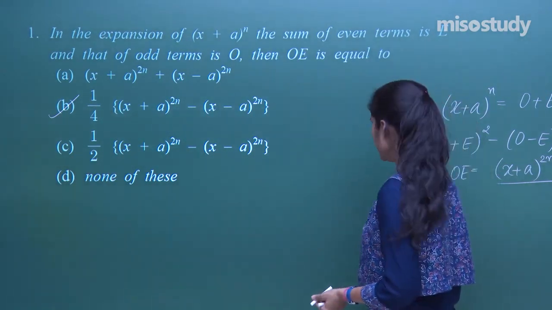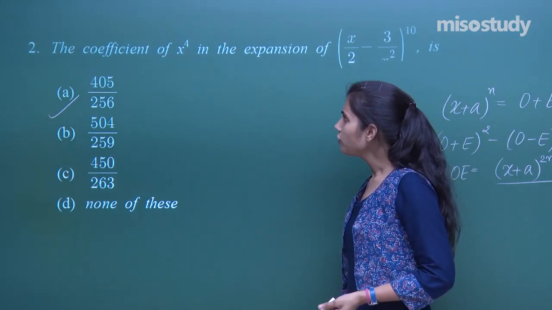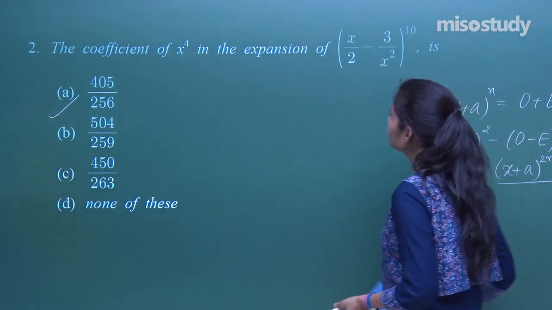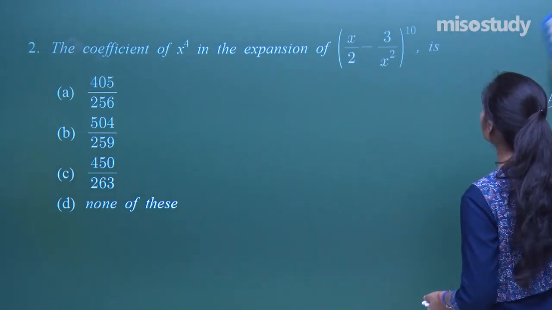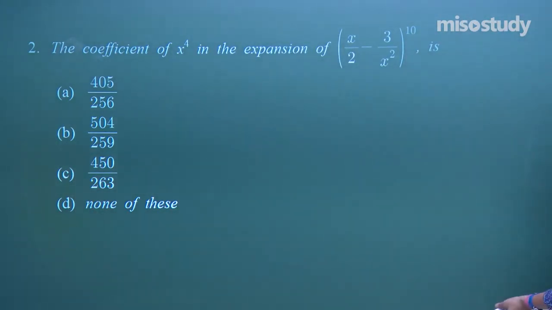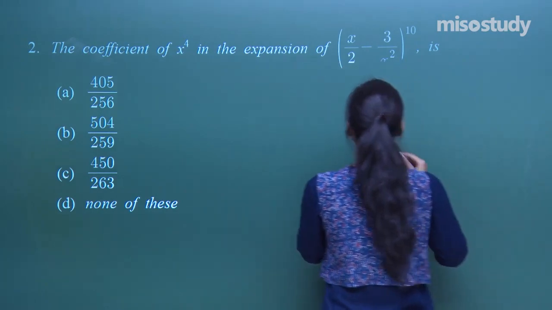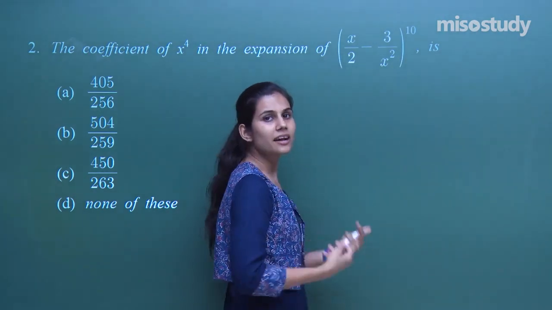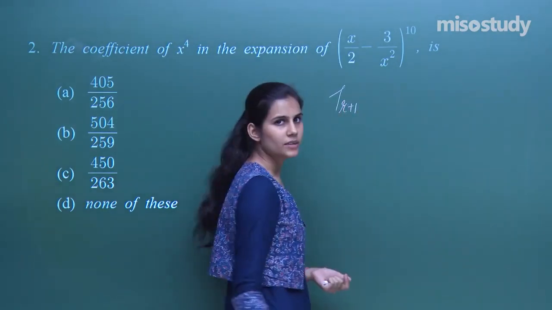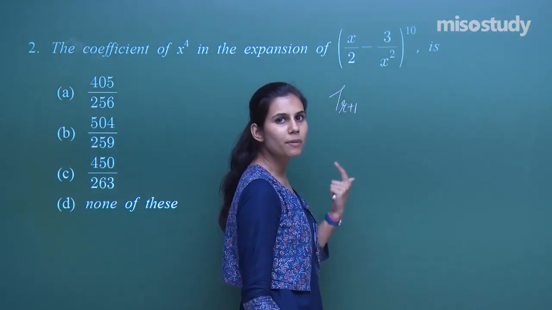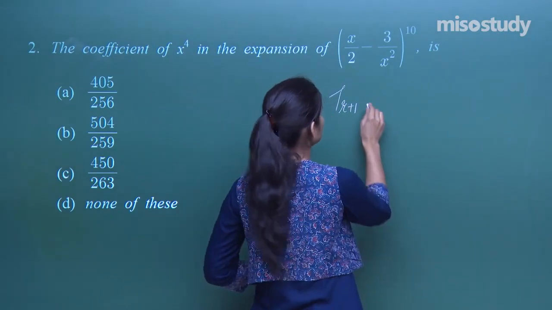Easy enough? The next question is the coefficient of x to the power 4 in the expansion of (x by 2 minus 3 by x square) whole to the power 10. Let's see. Over here I am saying, suppose there is this r plus 1th term which has x to the power 4 as its coefficient.